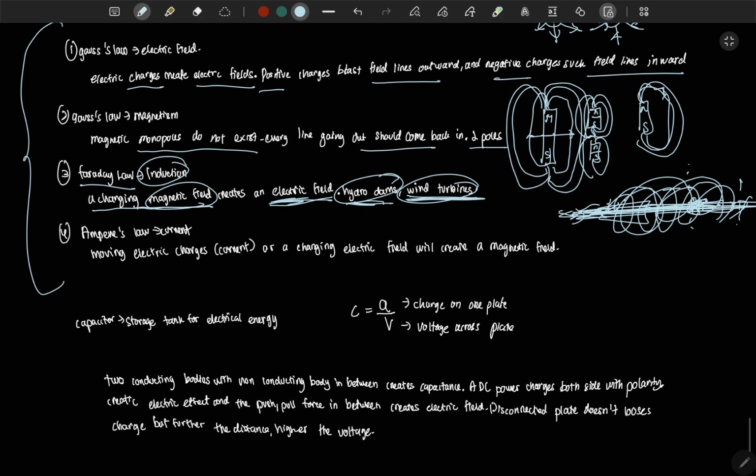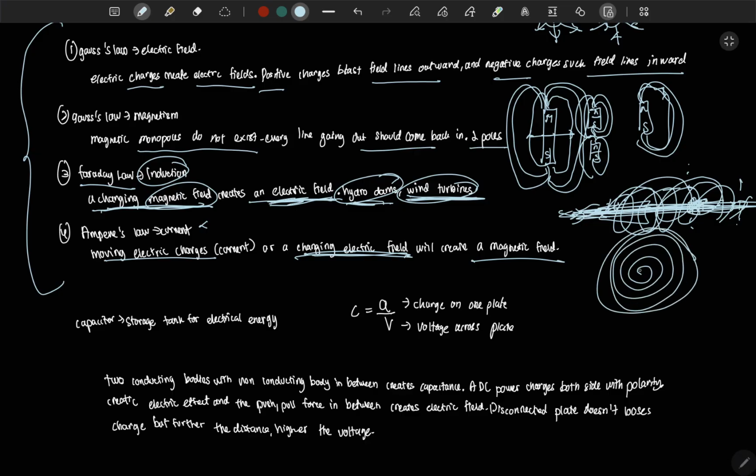Next is Ampere's law for current. Just now we said that a changing magnetic field creates an electric field. Moving electric charge, a changing electric field, creates a magnetic field. For example, take a coil, with a starting point and an ending point.